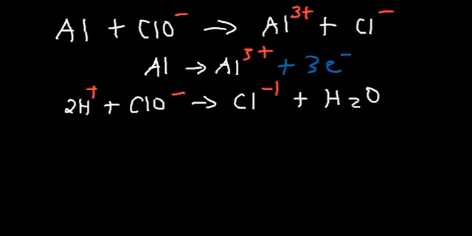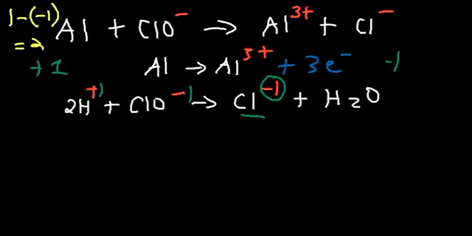The total charge on the left side is 2 times 1, which is 2, plus the -1 charge, so a total of +1. On the right side, we have a total charge of -1. Subtracting, 1 minus -1 gives us 2, so we add 2 electrons to the left side, the side with the higher charge.